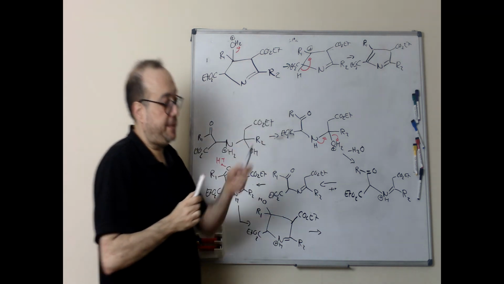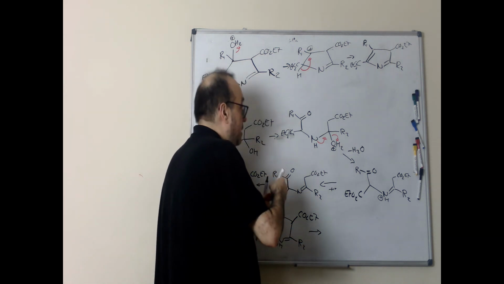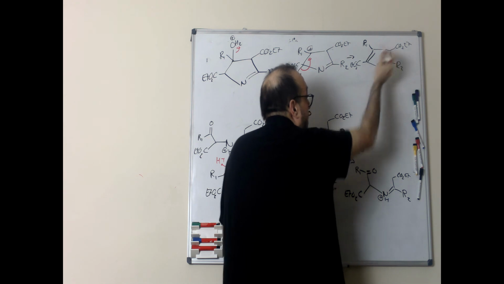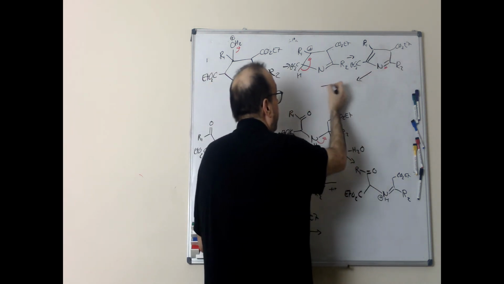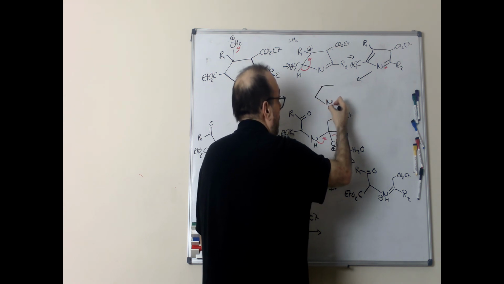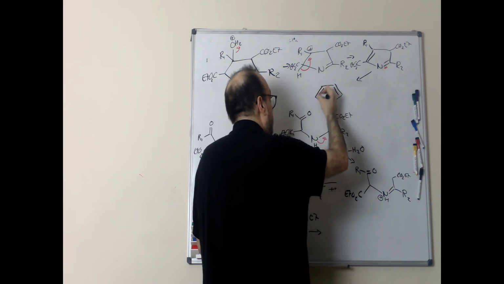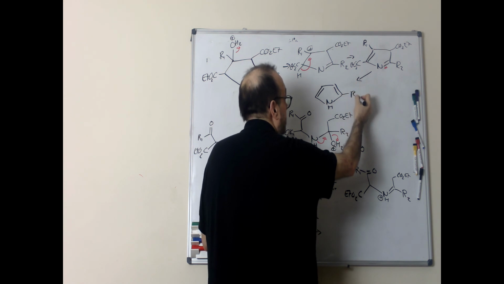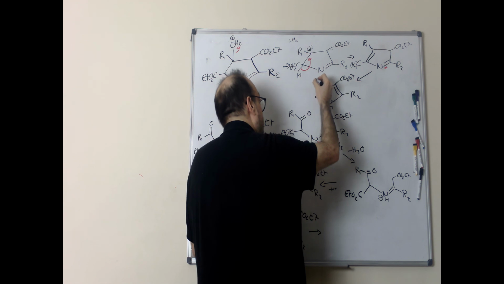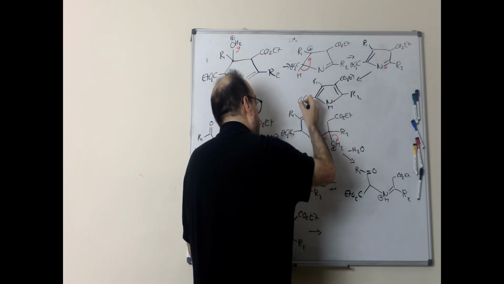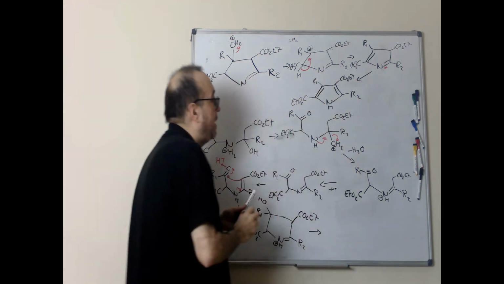Once we have this, simply tautomerization, imine, enamine, and what we have is the final pyrrole.